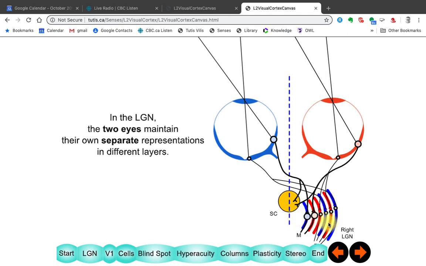Now you notice that four of them are small-celled ones, so they're the ones coming from the fovea, and two of them are the peripheral, coming from the peripheral side of the eye. And they are the ones that also go to the superior colliculus.